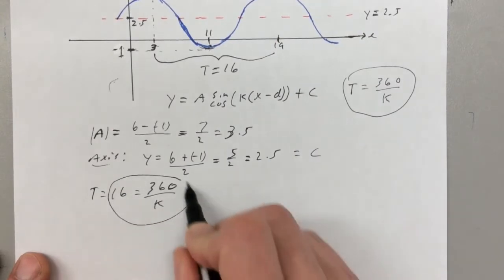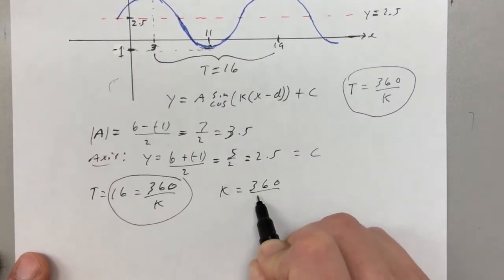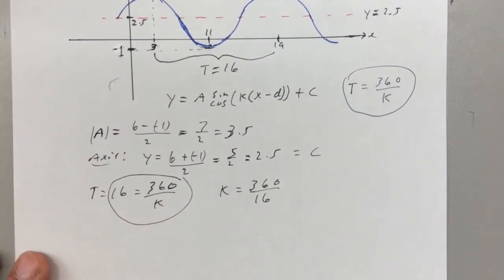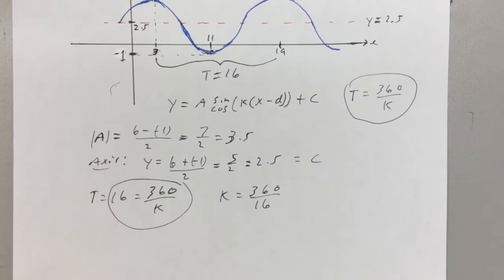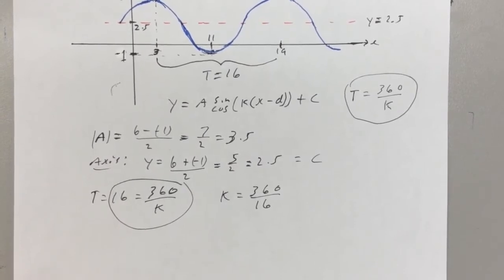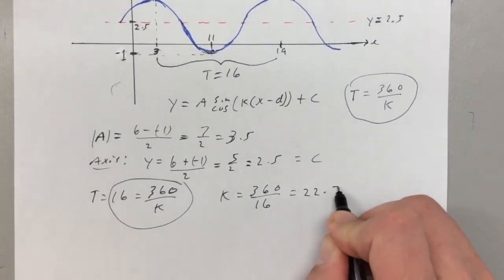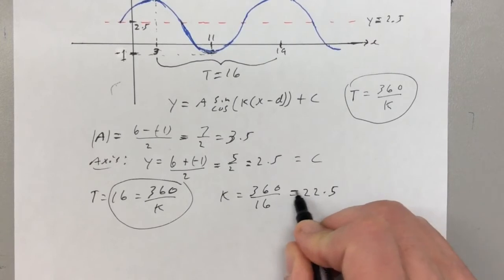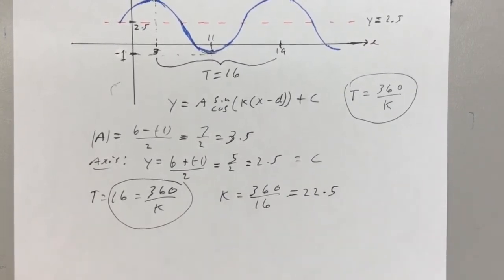So from this, we then get k equals 360 over 16. Does that reduce? Well, 360 over 16 equals 22.5. So it's a nice decimal number, so we can use that exactly.